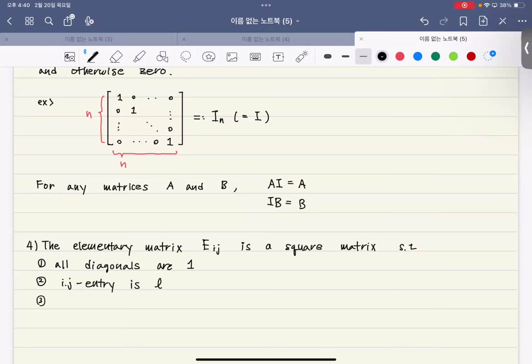And all the other entries equal 0. So this is an elementary matrix.